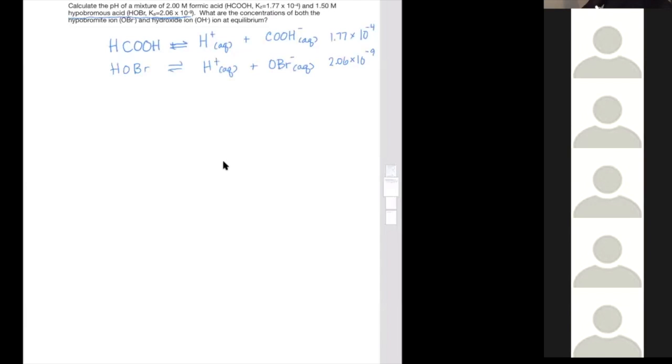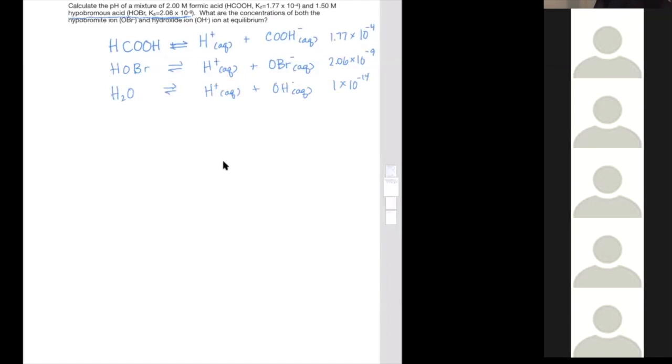And then of course we have water, H2O, because it's aqueous, plus OH. And we know the Kw, this one you should have memorized, is 1 times 10 to the negative 14th.